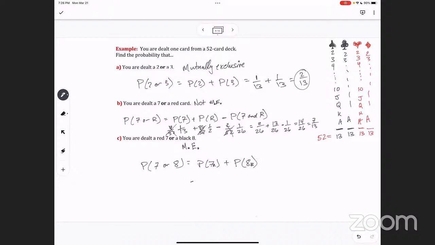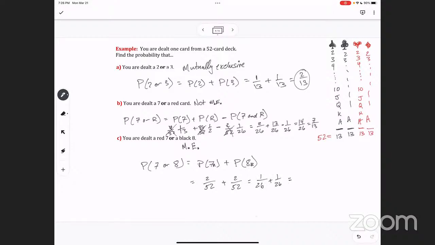And how many red 7s are there? 2. 2 out of how many? 52. Yeah, because in the whole deck, there's 2 in the entire deck. And how many black 8s are there? Also 2 out of 52. So in total, you could reduce that now, right? That's 1 out of 26 plus 1 out of 26.